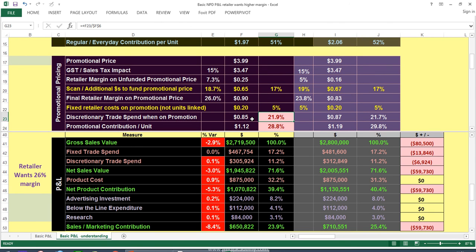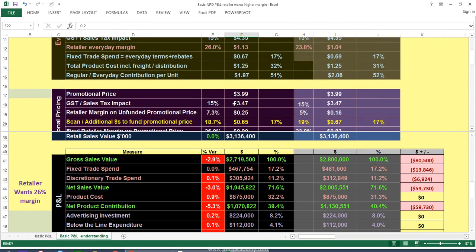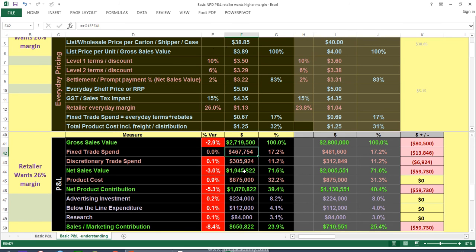So the discretionary trade spend does move marginally up as a percentage, but on the overall P&L, if we just go down here, what you're going to see is the gross sales comes down by 2.9%, down 80,000. Discretionary trade spend percentage has marginally gone up, but we're saving a bit of absolute dollars there. Net sales value is down 60,000 because that's cascading down through, and then it goes all the way to your P&L.